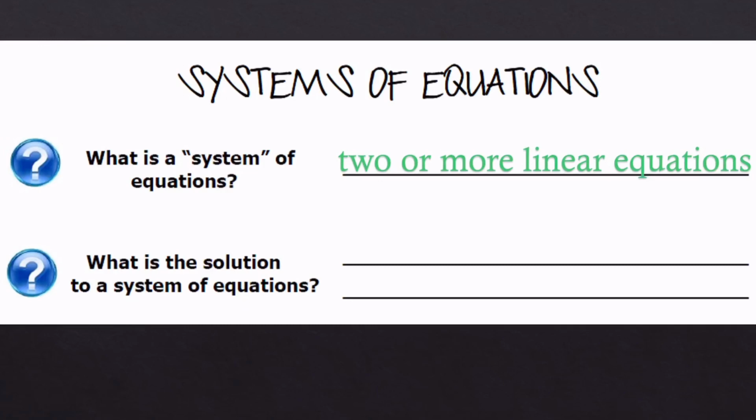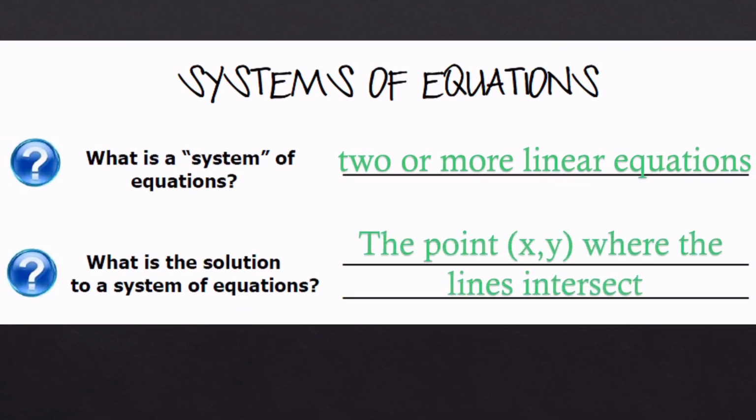But for now, we can find the solution to the system, meaning there is a solution to the two equations. The solution is the point where they touch or intersect. So I would write the point (x, y) where the lines intersect, but then I would also put in parentheses "the solution is where they touch."